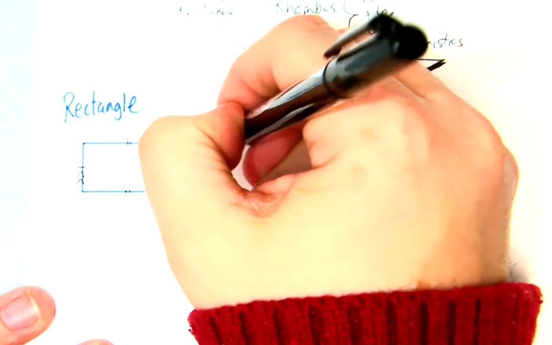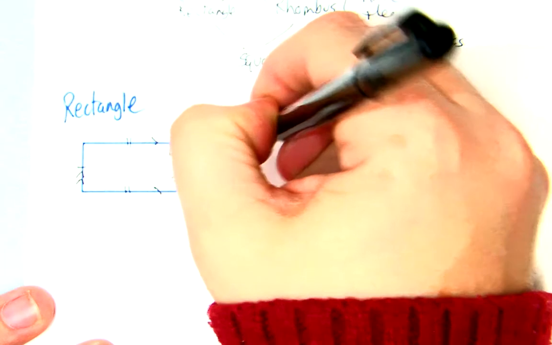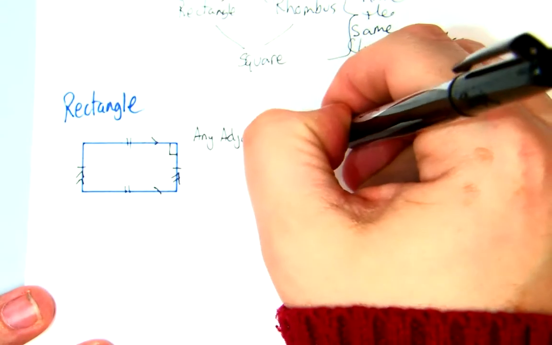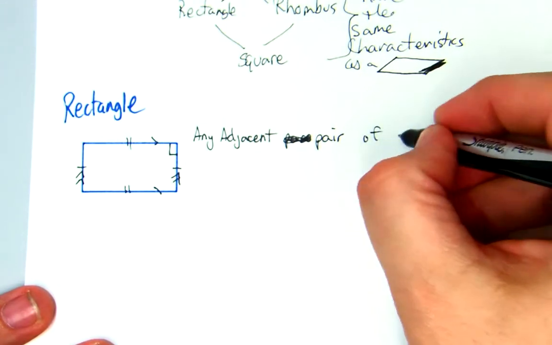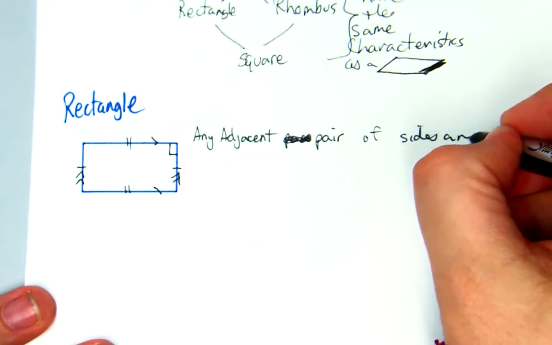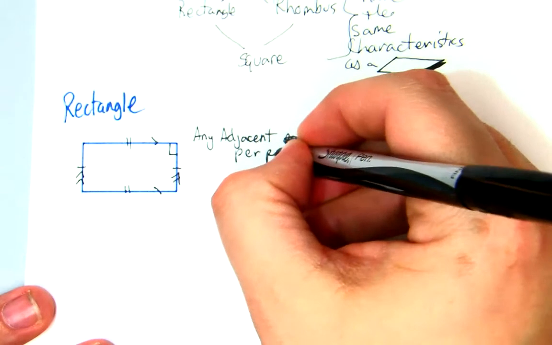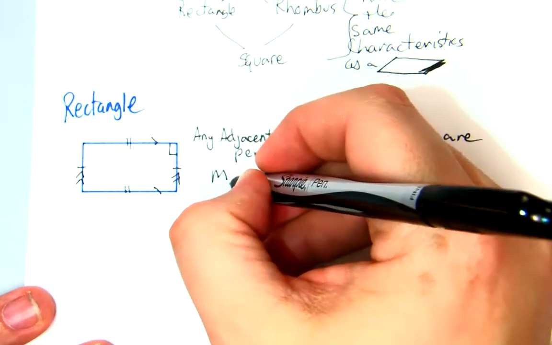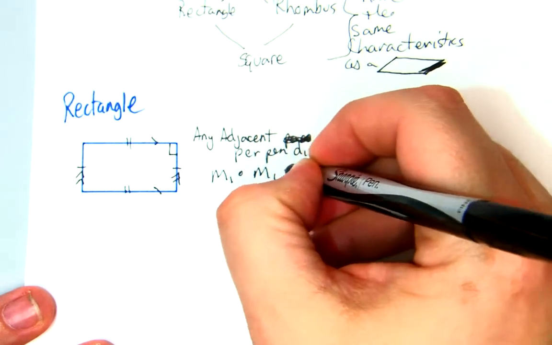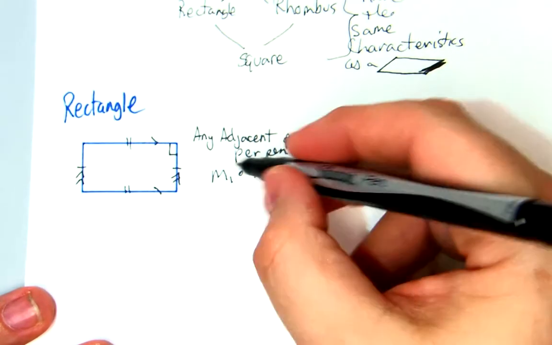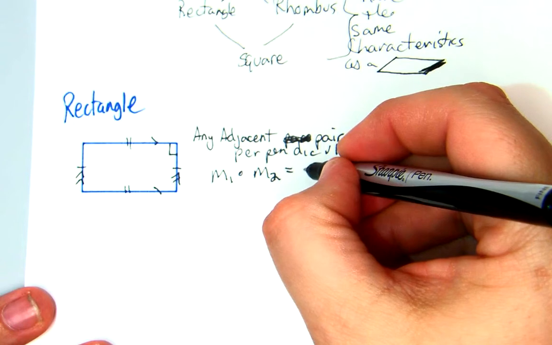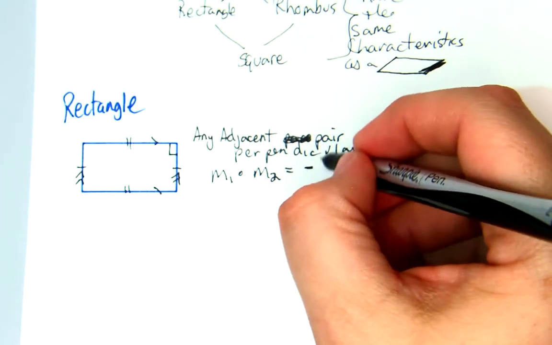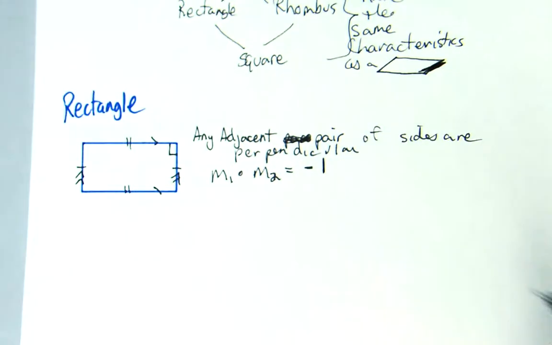So any adjacent pair of sides are perpendicular. Which means that the slopes, if you multiply them together, what do you get? If you multiply perpendicular slopes, what do you get? Well, you get an opposite, but it's a certain number. -1.